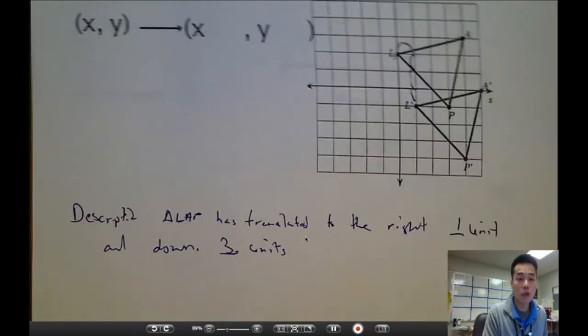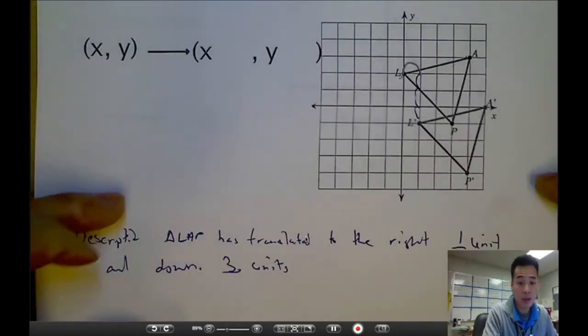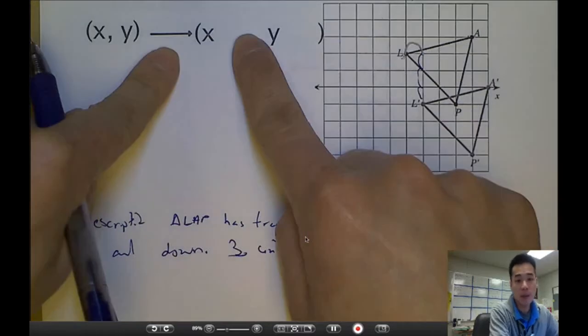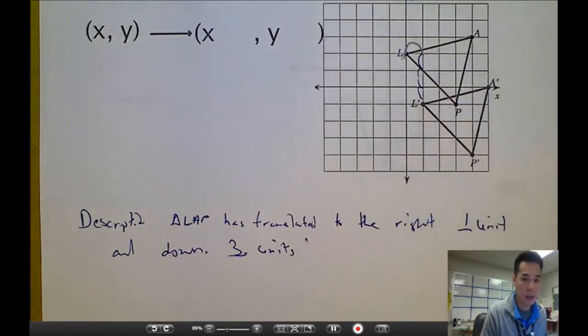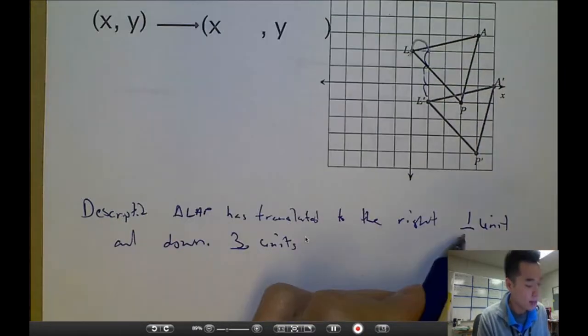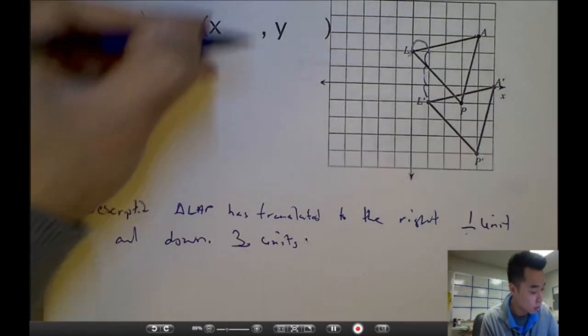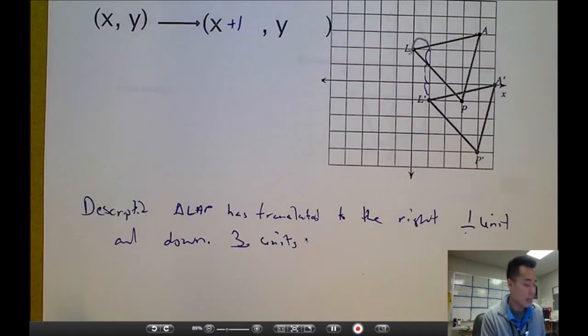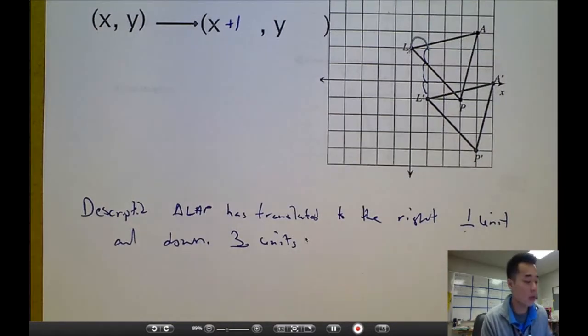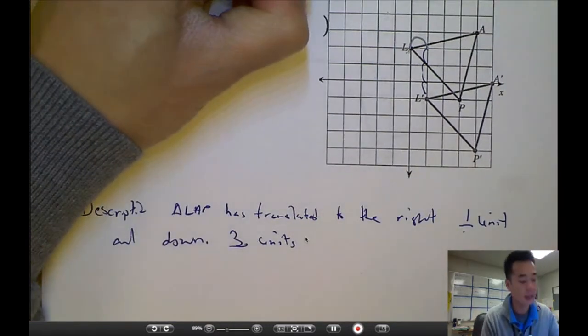Okay, so that's my description. Arrow notation means take this and simplify it by using plus or minus symbols, or positive and negative symbols. So to the right 1 unit for my x, because that's my horizontal axis, to the right means plus 1. And down 3 units, that's my vertical axis, down means minus 3.